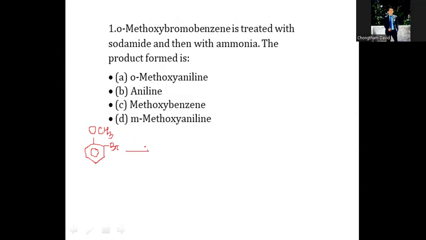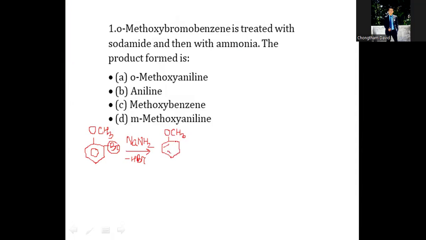When this is treated with sodamide, there will be removal of HBr, and bromine will go away along with hydrogen. You will form an intermediate. This intermediate is called benzyne intermediate.